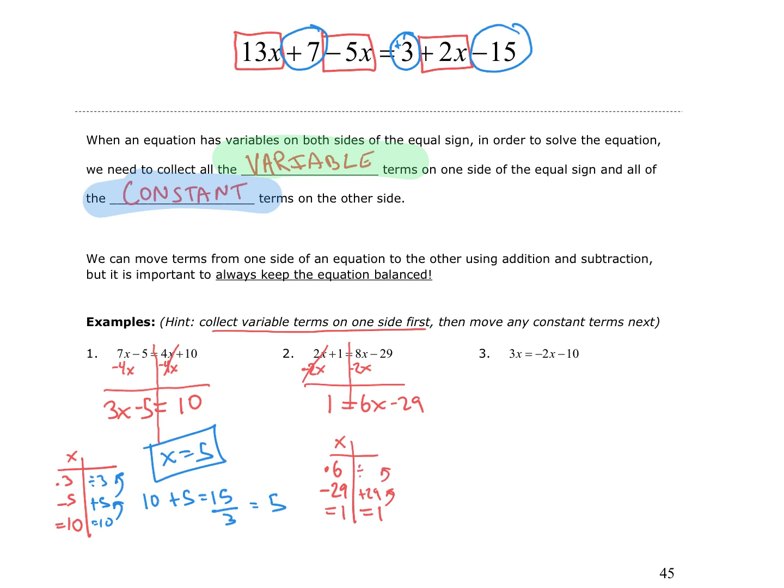And then divide by 6. So I get 1 plus 29 equals 30. And then 30 divided by 6 equals 5. So I get my answer, x equals 5. Oh, same answer. How about that? Okay. What about number 3?